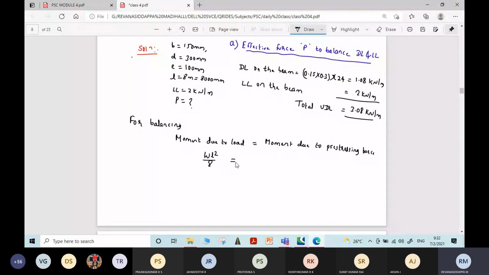Moment due to pre-stressing force. What is the moment due to pre-stressing force? It is P into e, right? Pre-stressing force multiplied by eccentricity, force into distance, is the moment due to pre-stressing force. So eccentricity is known, load acting on the beam is known, length of the beam is known. Substitute and you will get P. Now the load acting on the beam is 3.08.